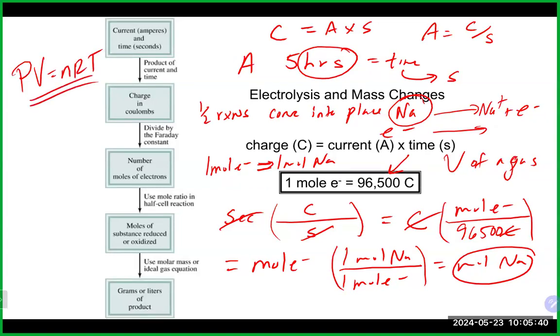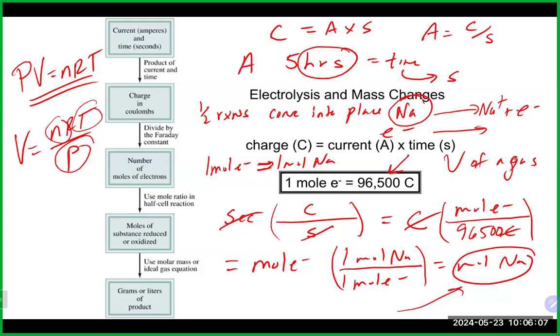We could use the ideal gas law and solve for volume, V = nRT/P, and figure out how much volume we would produce of this gas. Obviously, in this case, we would need to know the temperature and the pressure. The moles would come from our calculation, like over here, and we could go into the ideal gas law and solve for the volume of a gas.